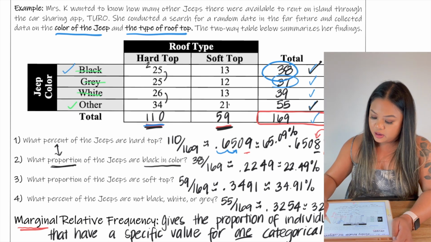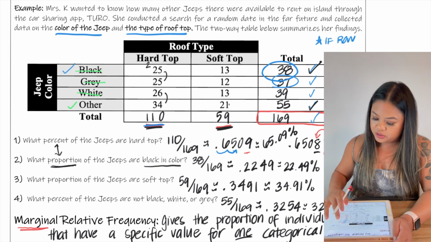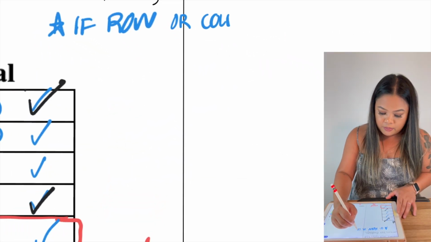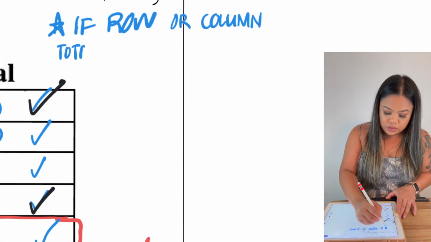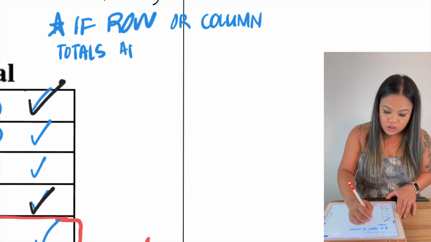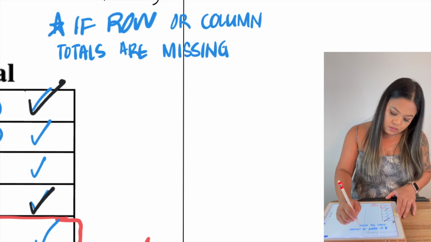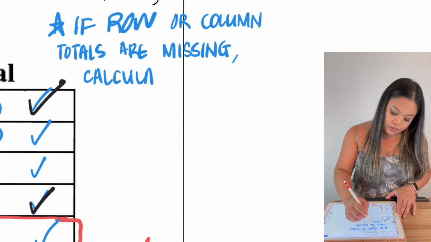So I'm gonna put here, if row or column totals are missing, calculate them first.